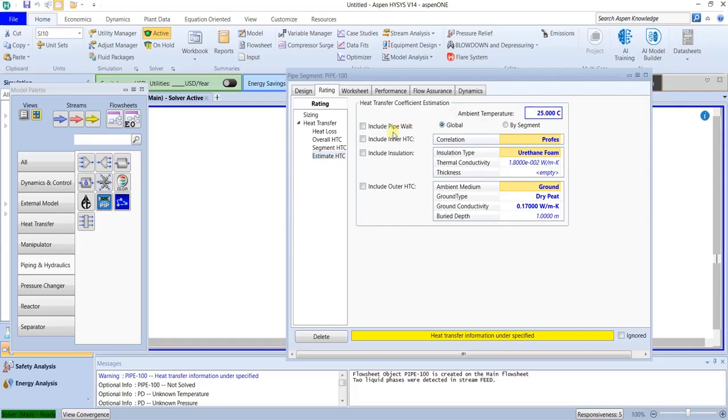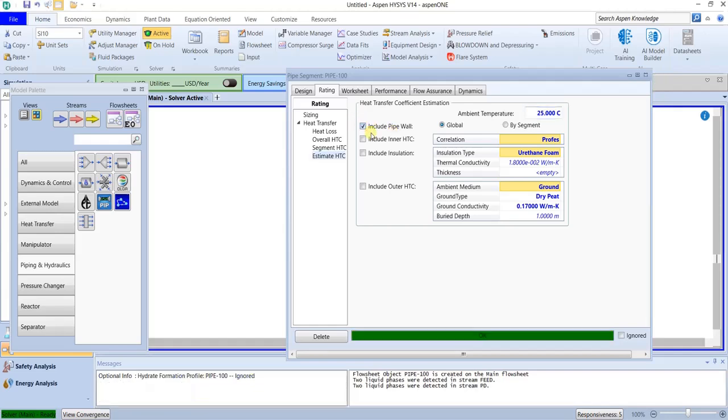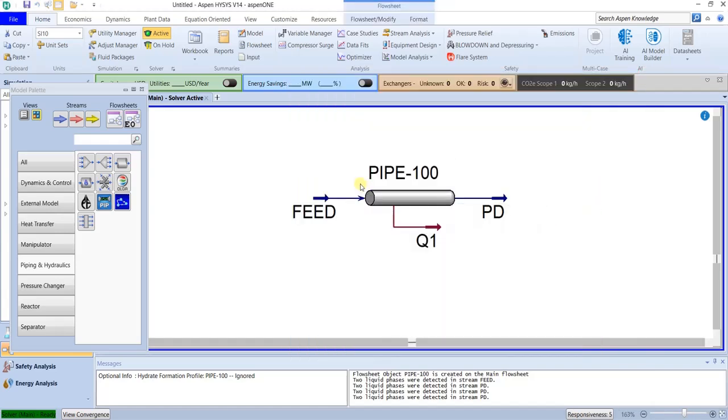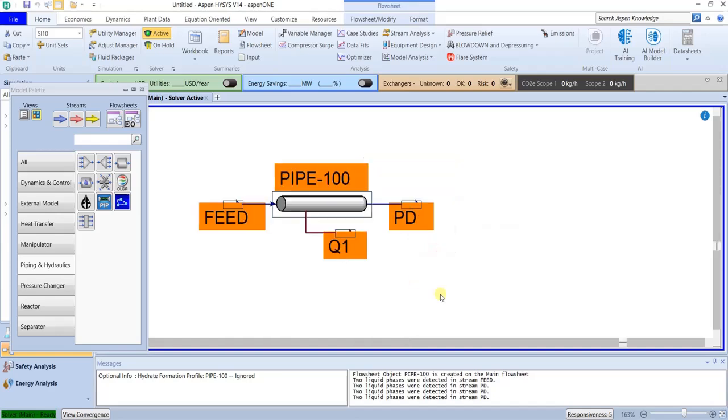Then we have include this and then include outer HTC. So we have been able to specify the pipe, right? So this is just for the illustration of erosion.